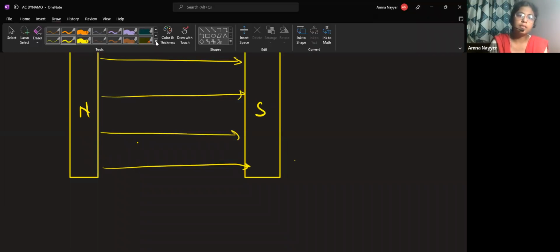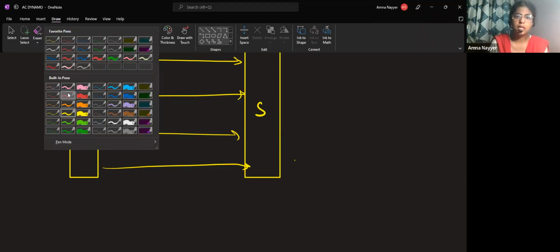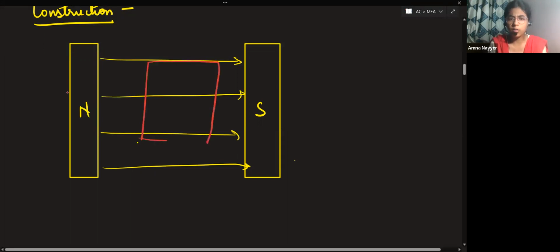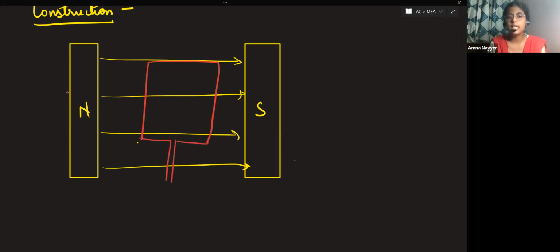In between, a rectangular or any shaped coil, mainly rectangular, is kept like this. The edges are held with the help of slip rings, and these slip rings are connected to brushes.